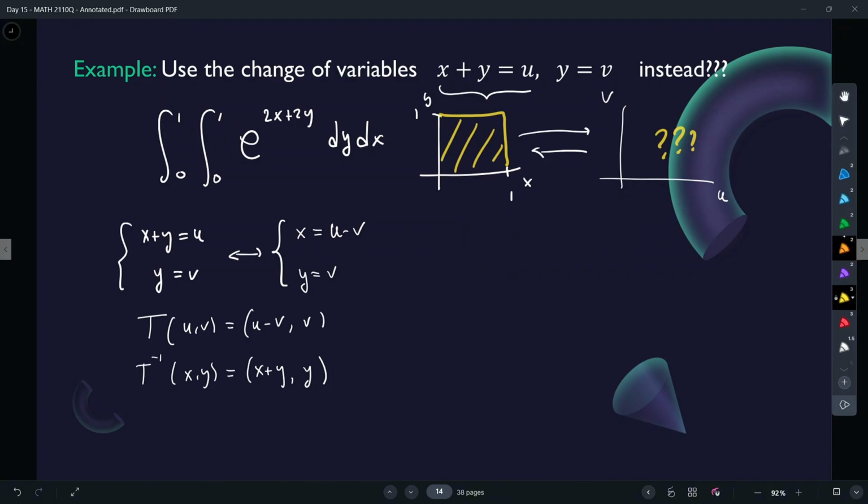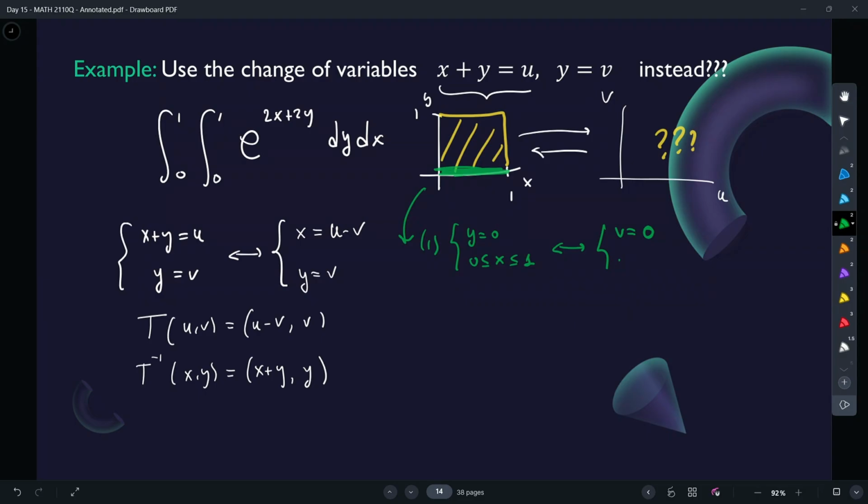So let's start with this region right here. That region is when y is 0 and x is going between 0 and 1. Then what is happening with v? V is equal to y, so v is 0.